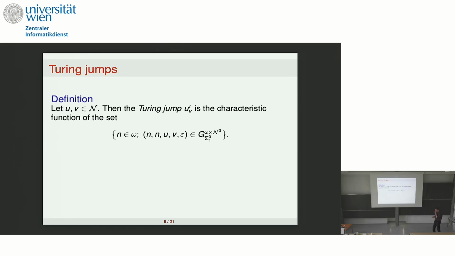I will also use the notion of Turing jump in the following setting. Here u and v are elements from N, and the Turing jump of u with respect to v will be defined using this universal set for sigma 0 1 semi-recursive sets.